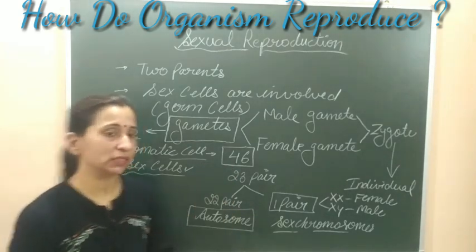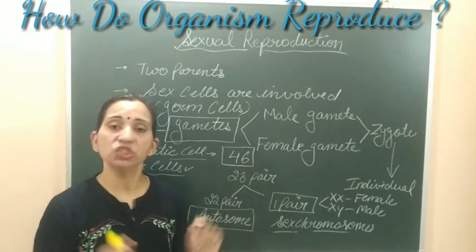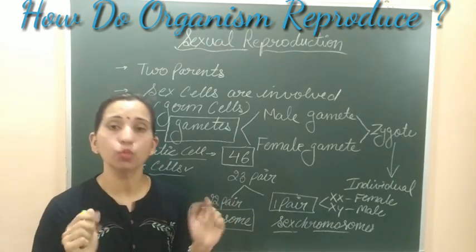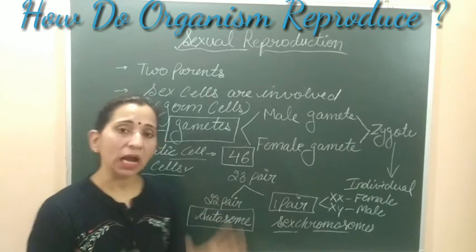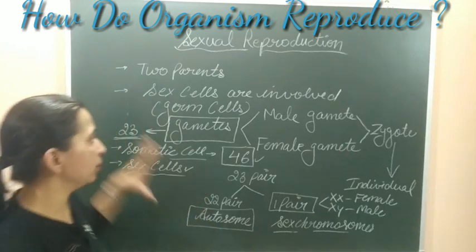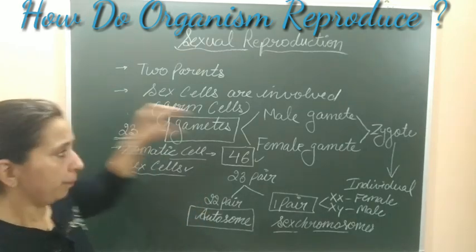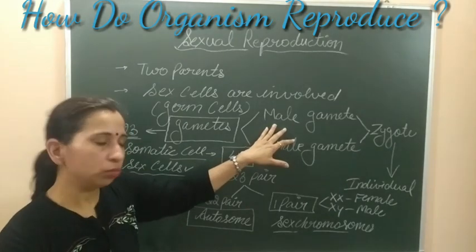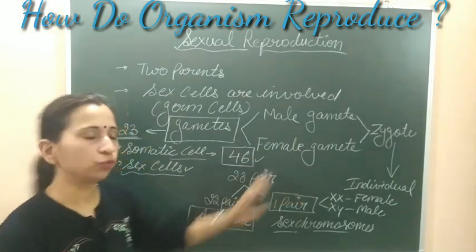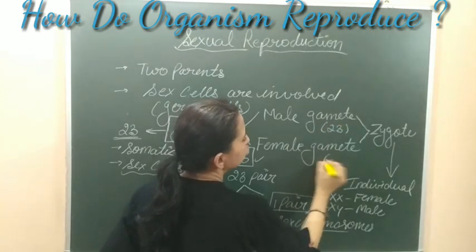But in the case of sex cells, these gametes do not contain the 23 pairs. They just contain 23 chromosomes, which is half of the 46 chromosomes. So male gametes will have 23 chromosomes, and female gametes will have 23 chromosomes. So we can write here 23 and 23.